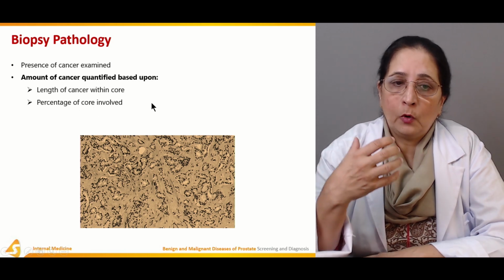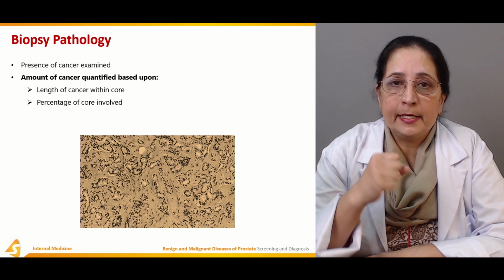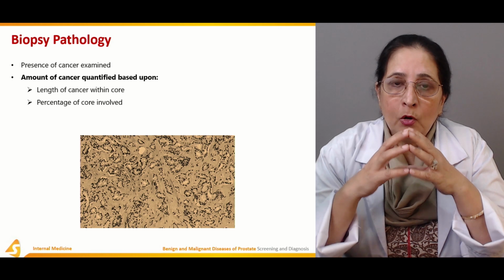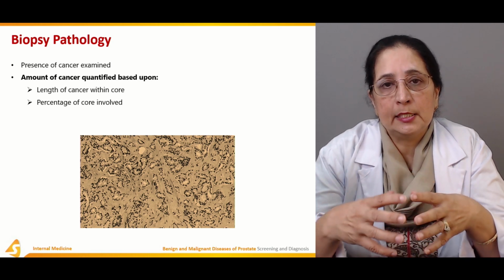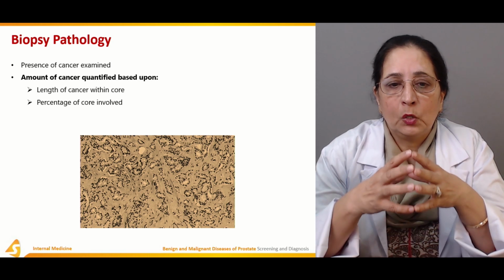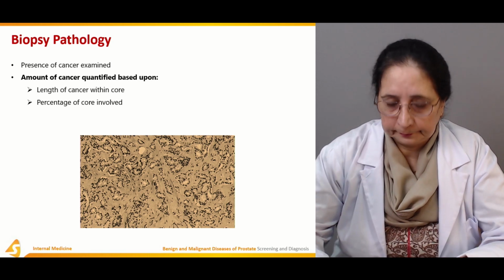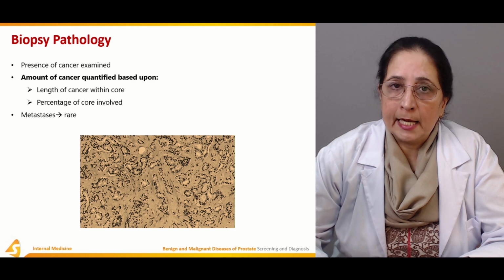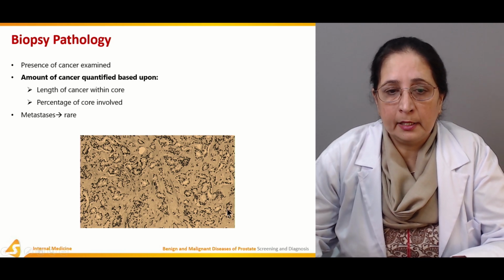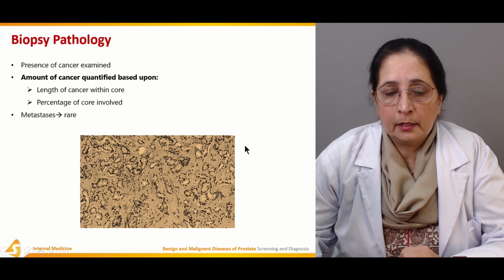So it's very important that the pathological findings on biopsy depend on how long the cancer is in the core and how much percentage of the core is involved. Metastasis is rare. It's not very common. That's the histological or pathological picture of the biopsy of the prostate gland.